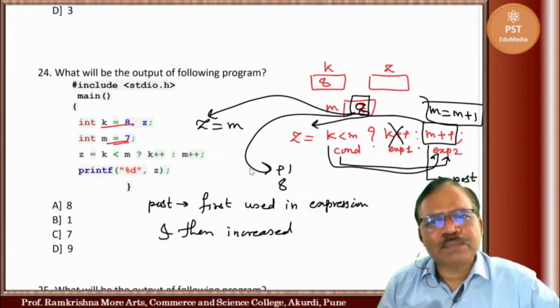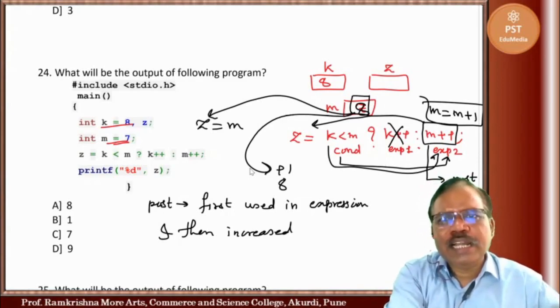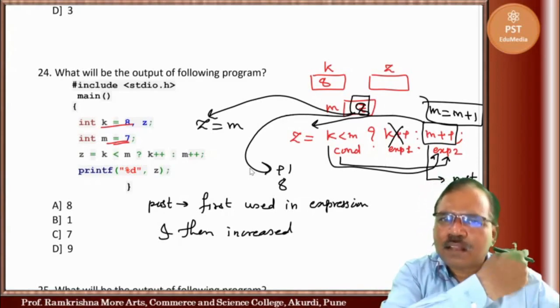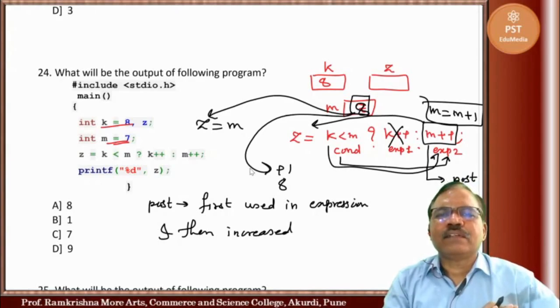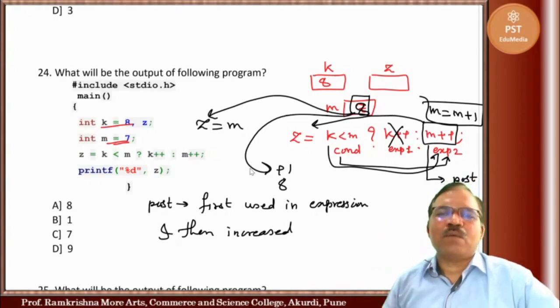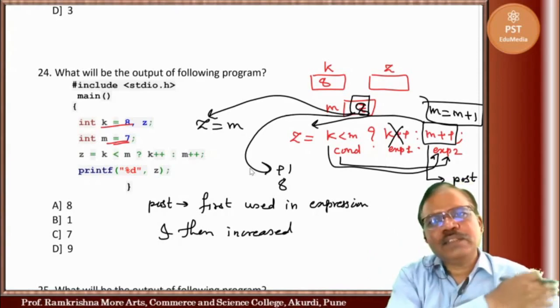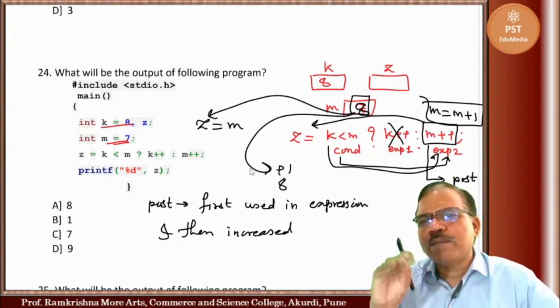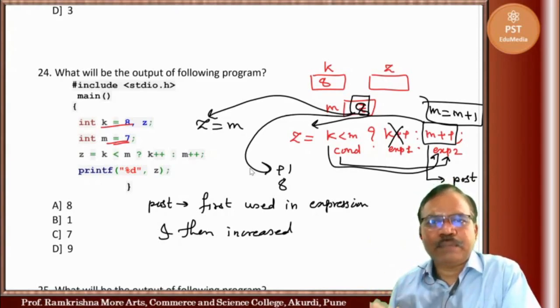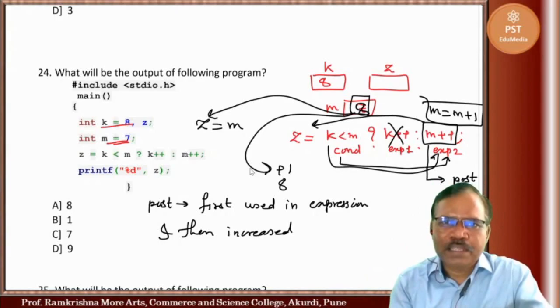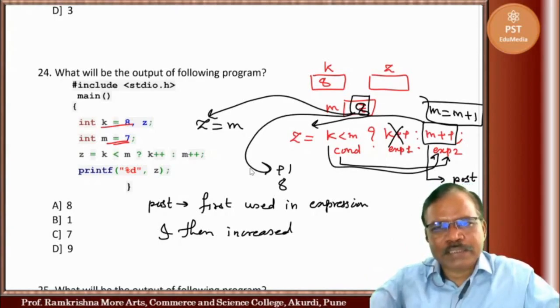So when m plus plus, first use in that expression, complete that expression and then increment m by 1. Is it clear now? Yes, sir. If we have m plus plus in an expression, first use m in the expression, complete the expression.